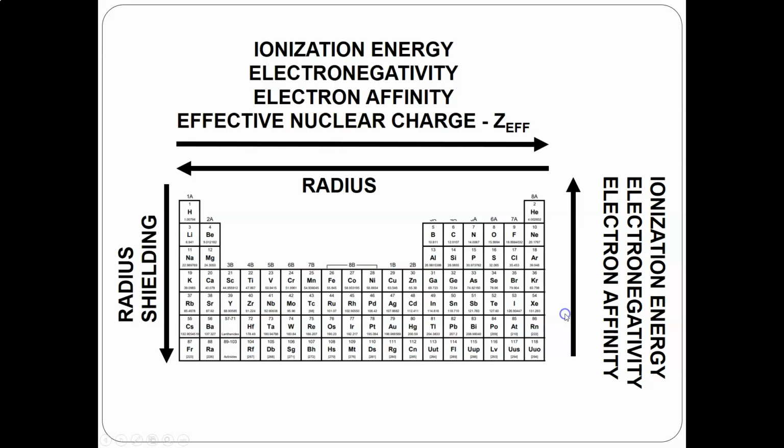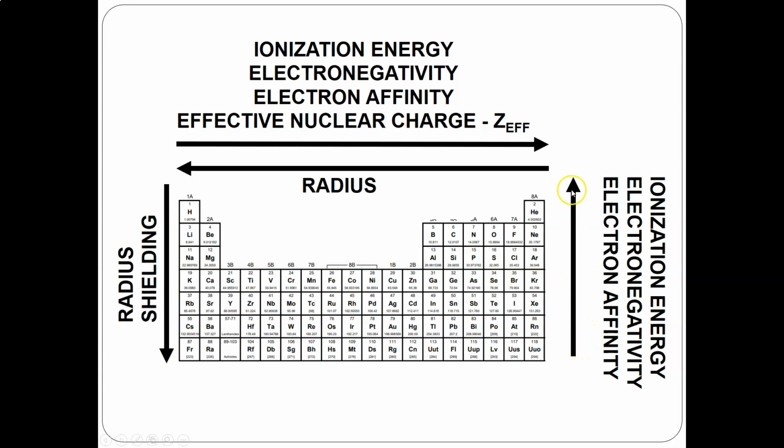So, to summarize, I like to look at the chart, okay? So this should be one of your printouts. As you go down, you get an increased radius, increased shielding.